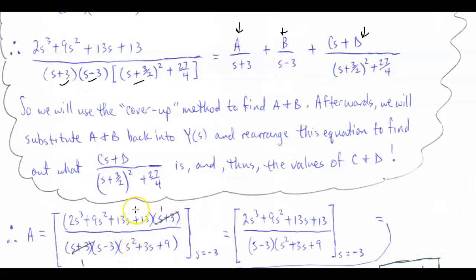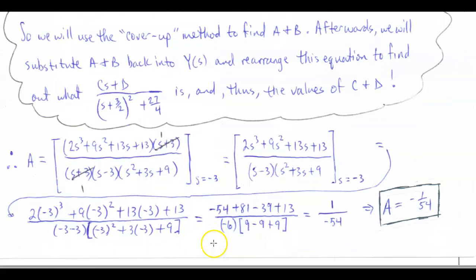So A is just this whole thing without the denominator I do have, evaluated at the value of s that would make the denominator that I did have go to 0. And of course, this is what the expression ends up being. We plug in all the numbers, do all the number crunching, and we see that we get negative 1/54.